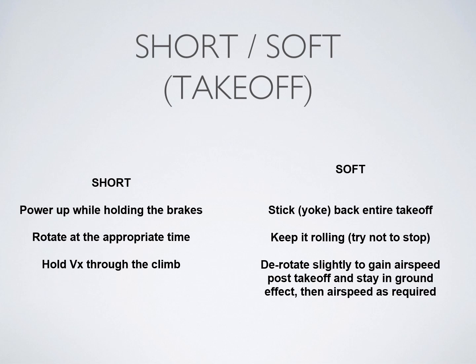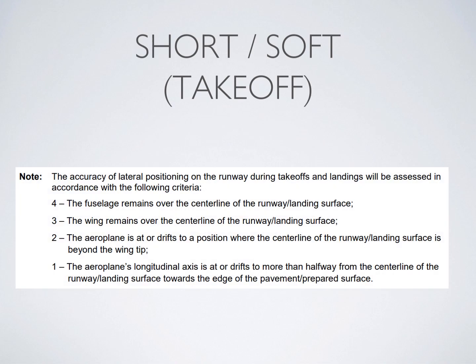Just de-rotate slightly as you lift off the runway a little early because you've got flaps down, and just gain airspeed in ground effect before you rotate, and hold your airspeed as required. For these takeoffs and landings, but also really specifically for the takeoff because you're in a nose-up attitude, you want to make sure that you're not fixating on the gauges because you do need to maintain your centerline accuracy. They're grading you on that.